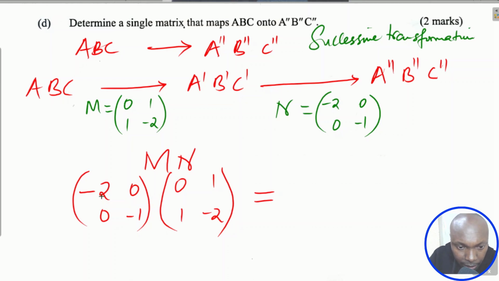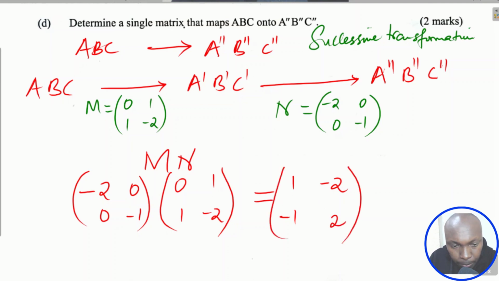So let us multiply these. So this one will be 0, this will be 1, then this will be negative 2. Then the second row here would be negative 1, and this one will be 2. Let me repeat this just to confirm.